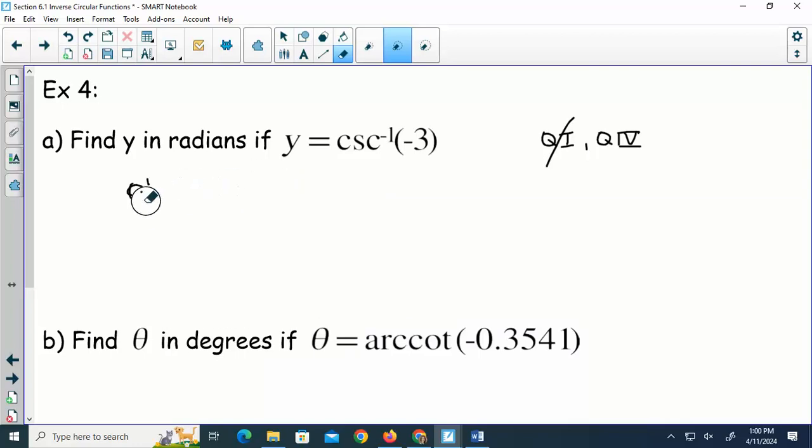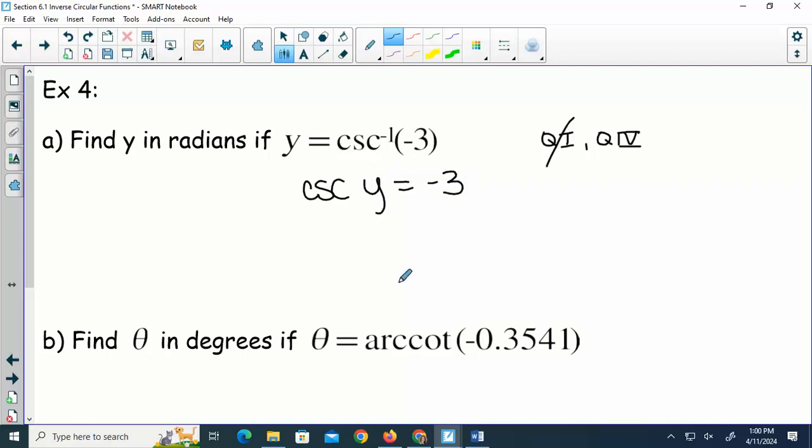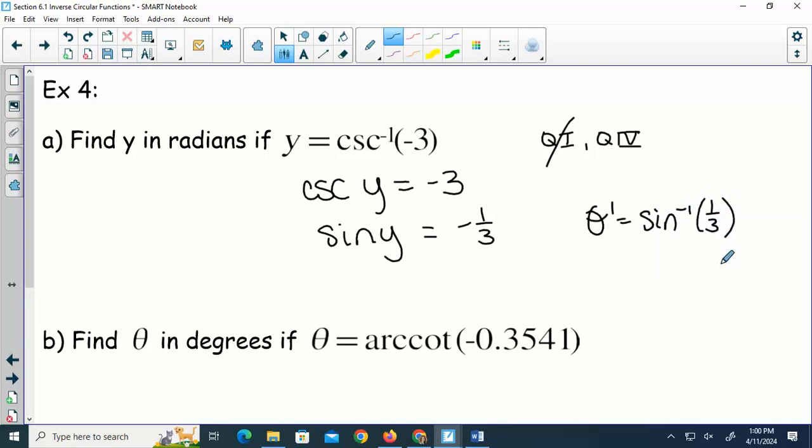So let's think about this. That means that cosecant of y is equal to -3. That means sine of y is equal to -1/3. So for our reference angle, we are going to do sine inverse of +1/3.